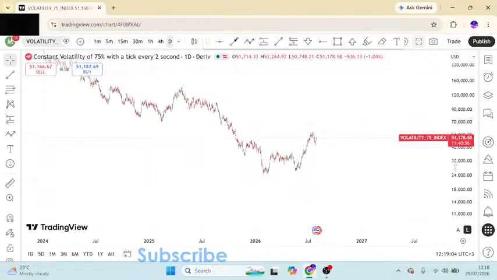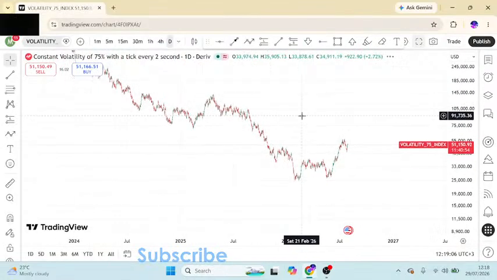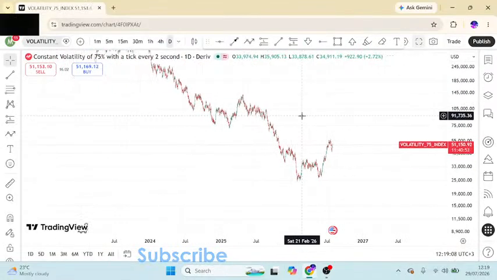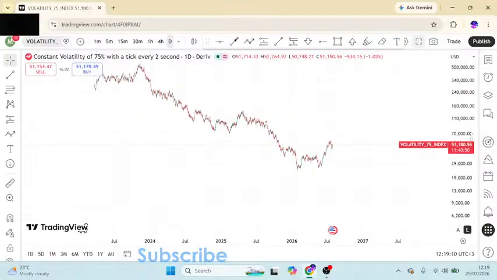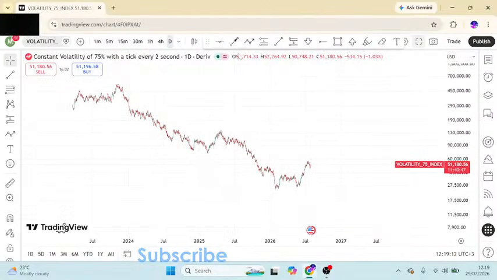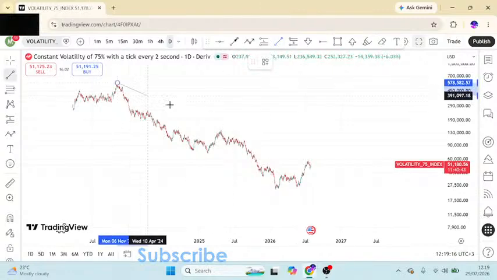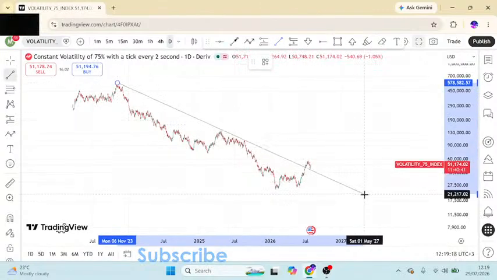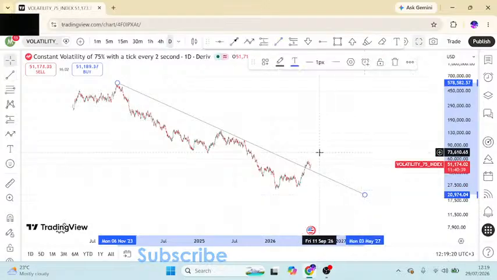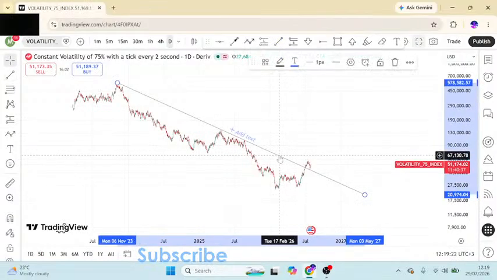Let me zoom it in. There has been some push to the downside. The market was rallying down, so we can draw our trend line that way. So that is our trend line right there.